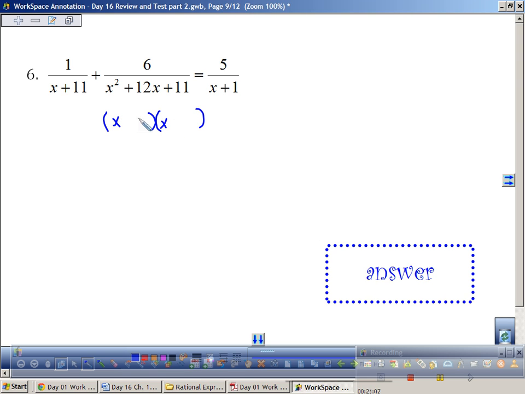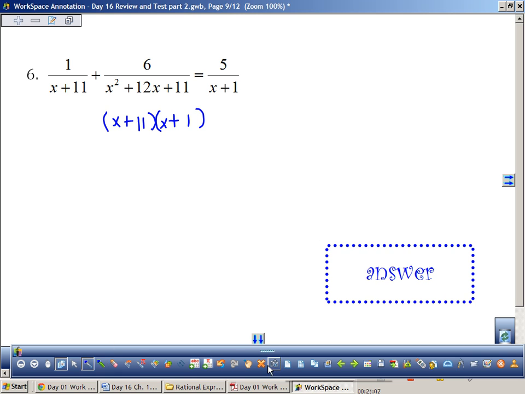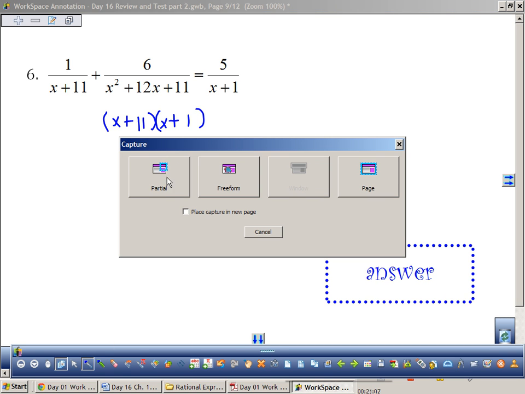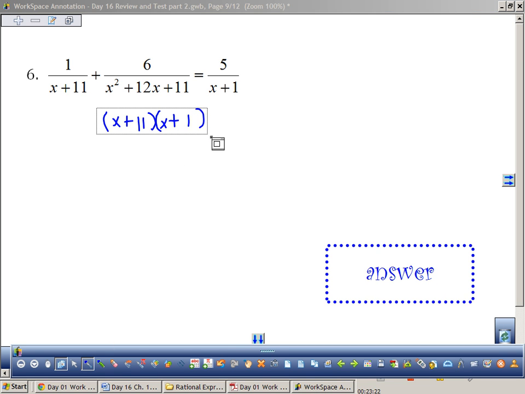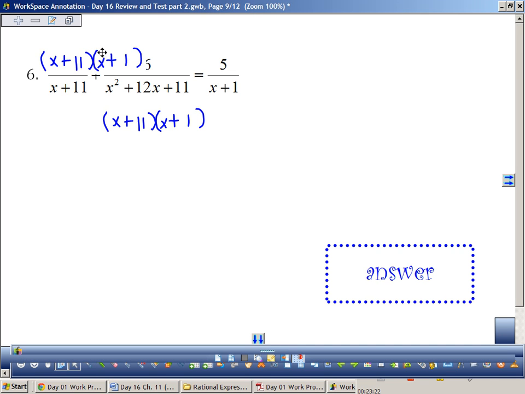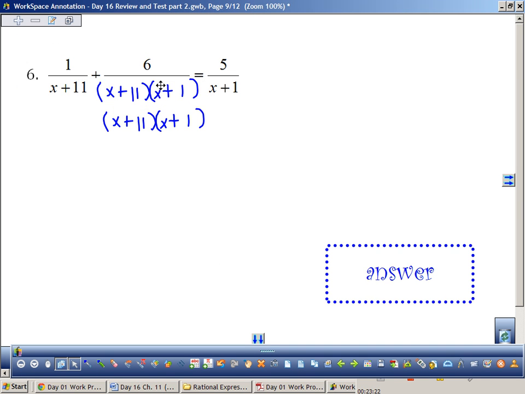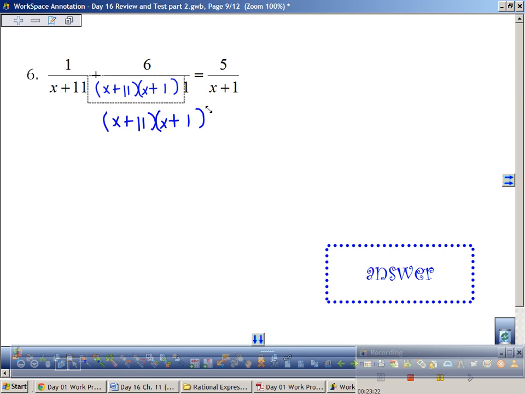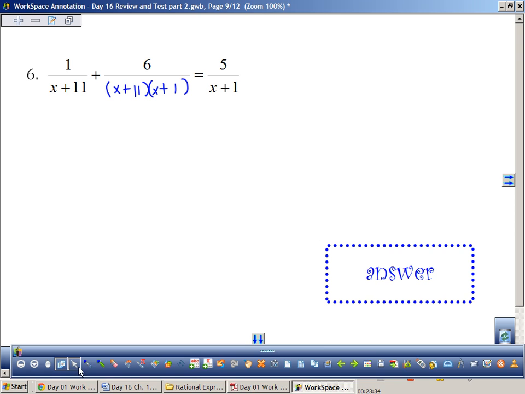X and X and 11 and 1. Do 11 and 1 make 12? Yes. That's not that hard. We've been doing it for months, guys. You get all scared and you stop. So now, is it that bad?